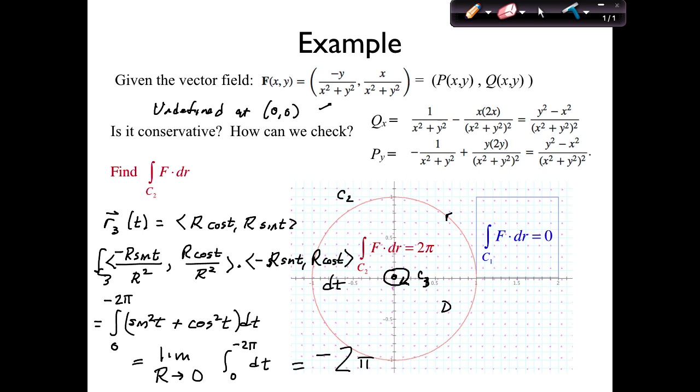Every time you go around the origin, it doesn't matter how you do it, you're going to accumulate 2 pi. You can go around twice, it'll be 4 pi. It doesn't matter how you go around, just like it doesn't matter what your circulation paths look like. Those will all be 0 as long as they don't go around the origin.